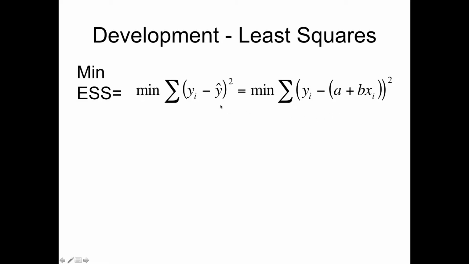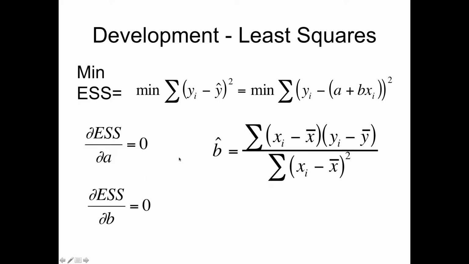Okay? So if we take the first derivative of this function with respect to a and set it equal to 0, we get one equation with two unknowns, a and b. If we take the first derivative with respect to b and set it equal to 0, we have a second equation with two unknowns.